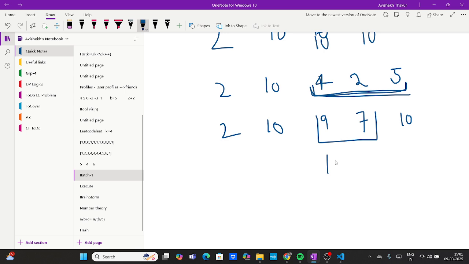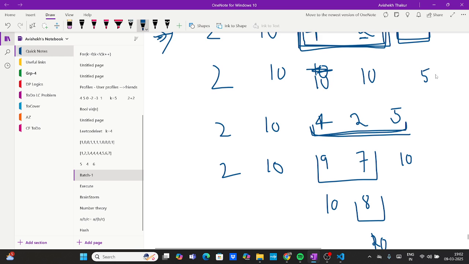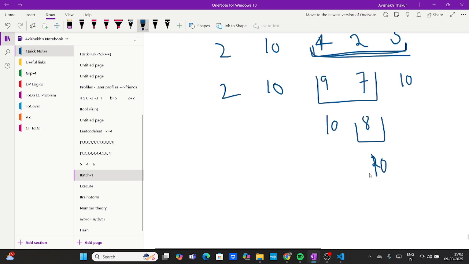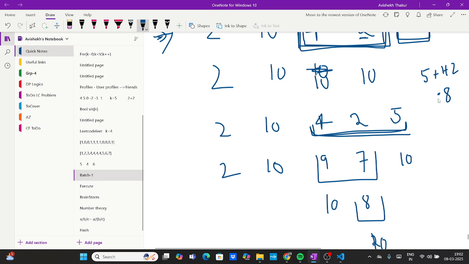If I increment this one time, it will become this. And can I increment this 2 times? It will become 10 again. So the answer was 5 plus 1 plus 2. So in 8 operations, you were able to do this. Did you understand, guys? Everyone? In 8 operations, we were able to do it.